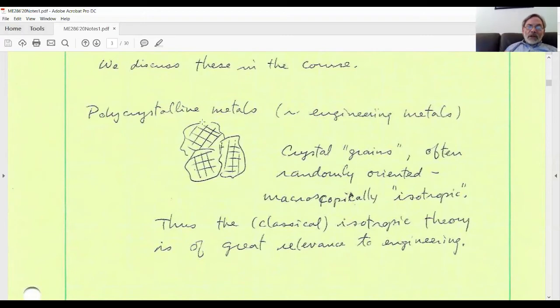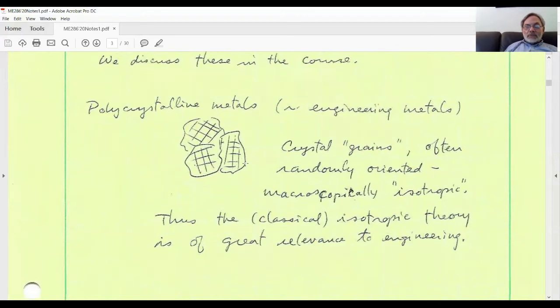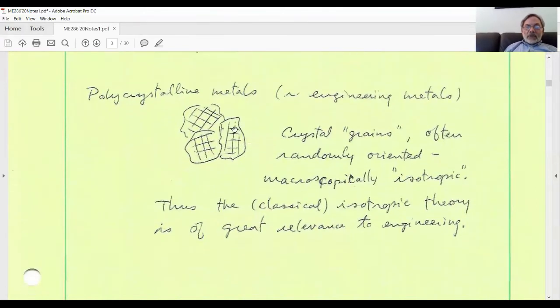So macroscopically, we would like to have a theory that represents the aggregate polycrystalline behavior. Typically, these crystal grains are randomly oriented, that is, they have no specific orientation. So from the macroscopic perspective, they can be treated as approximately isotropic.